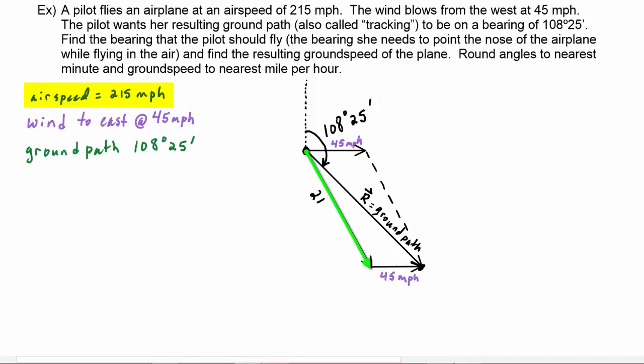So that's here, 215 miles per hour. So you can think of it as though she were pointing the plane this way at 215 miles an hour, and then the wind pushes her this way, so that her actual resulting ground path is the path she wants to travel on right here.